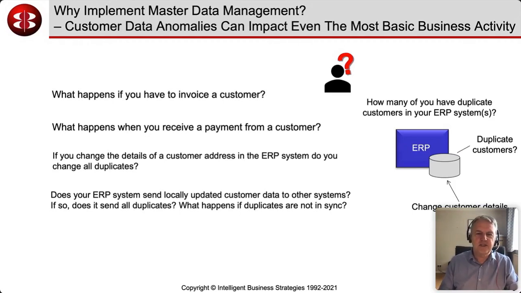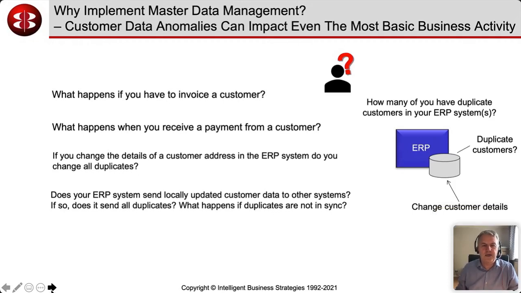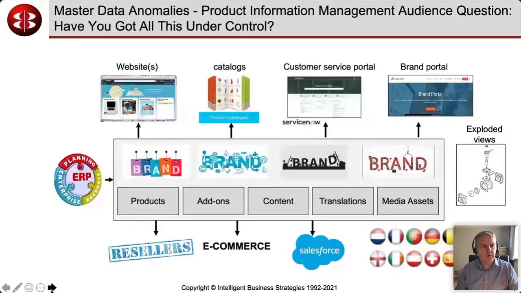Just a very simple thing like that can cause all kinds of issues with regards to doing basic business in any business. And master data is without any shadow of a doubt the most widely used and widely shared data in any business. Things like customers and products and suppliers, employee data, for example.